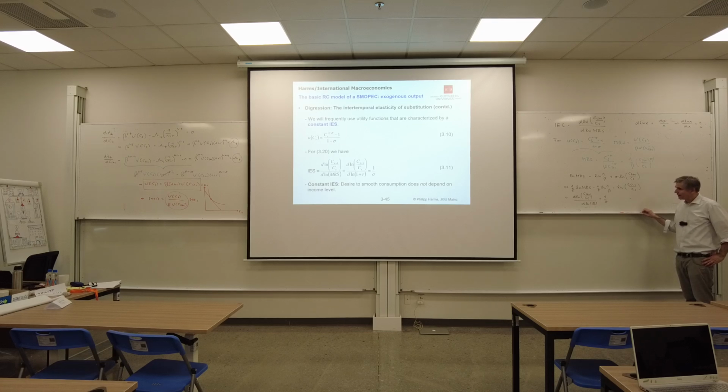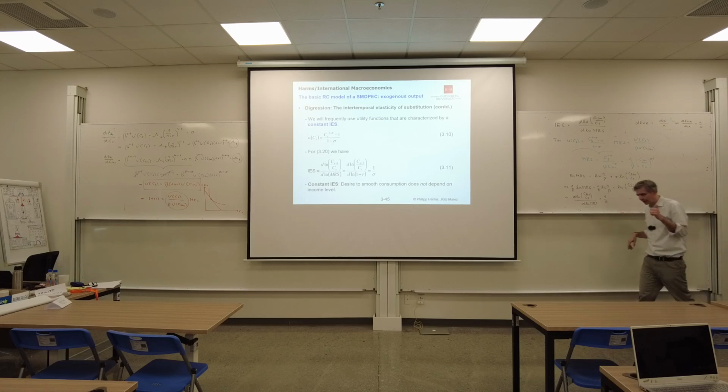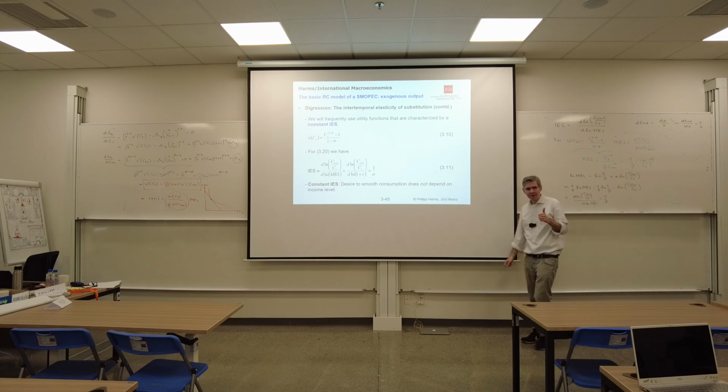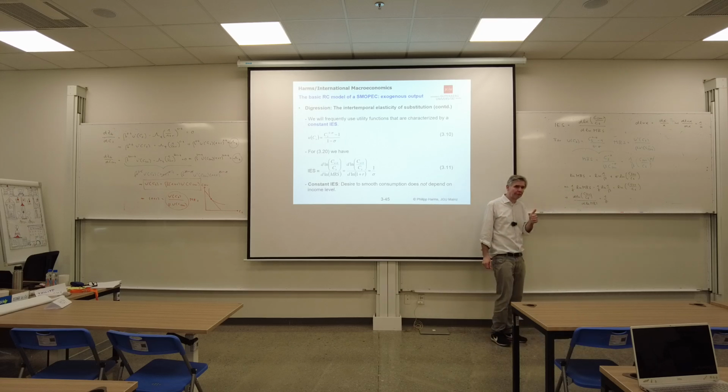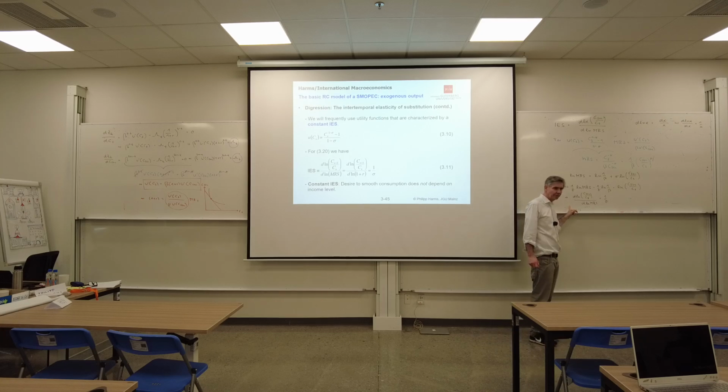What does that mean? It suggests that if sigma is very high, then you have a person who is very risk averse and who has a very low intertemporal elasticity of substitution, because 1 over sigma in that case is very low.